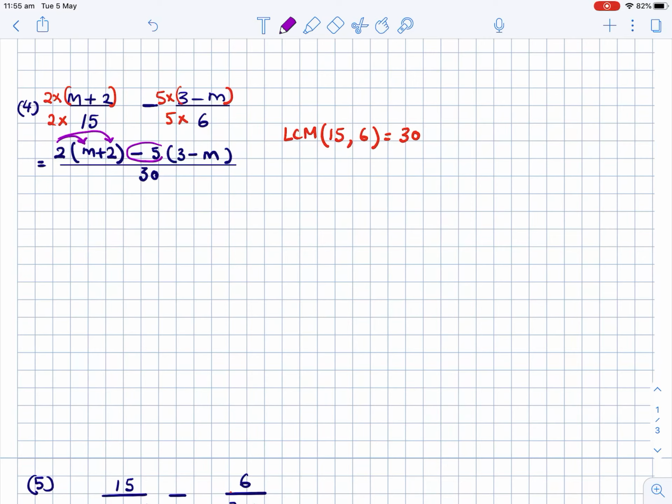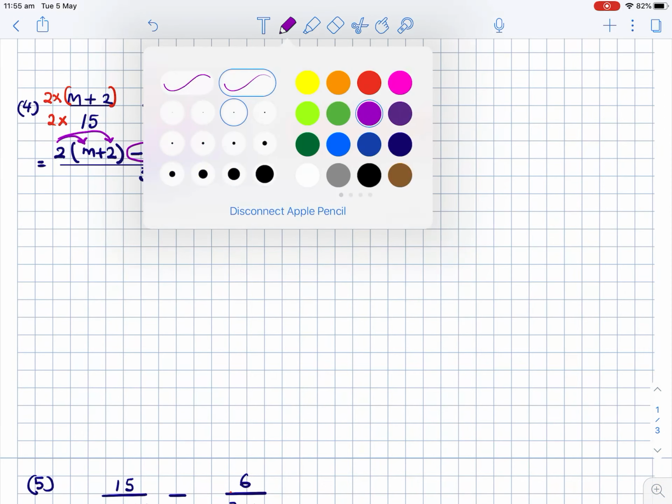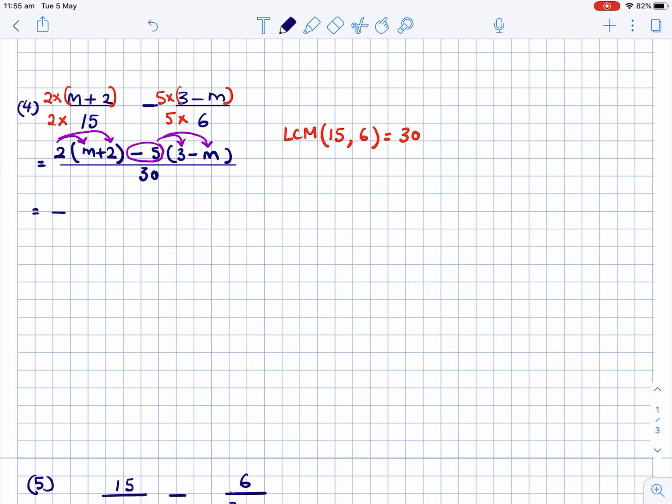The second term bracket is multiplied by -5, not just by 5. So 2 times m is 2m. 2 times 2 is 4. -5 times 3 is -15. And -5 times -m is actually positive 5m.